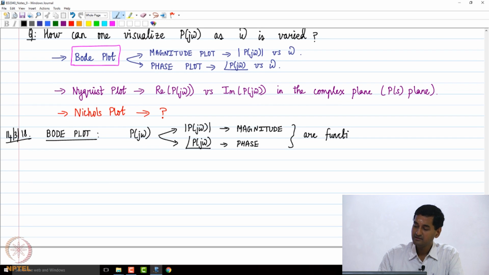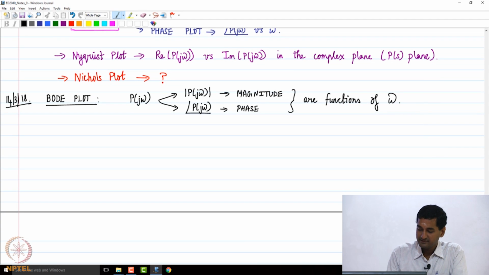Then in the Bode plot, there are two plots. The first one is called a magnitude plot. So what is this magnitude plot?